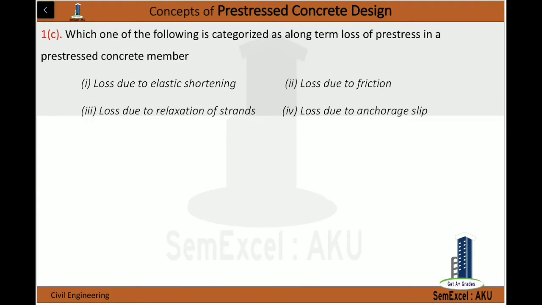Which one of the following is categorized as a long-term loss of pre-stress in a pre-stressed concrete member? Here I would like to discuss losses in pre-stressed concrete. These are losses in pre-stressing force.